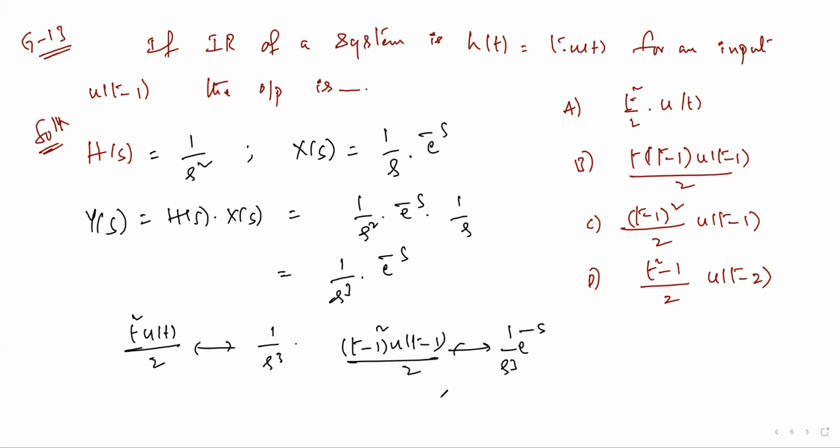So t minus 1 whole square by 2 u of t minus 1 is the inverse Laplace transform of the given function. So this should be the output y of t. So right option is C. Okay. Good.